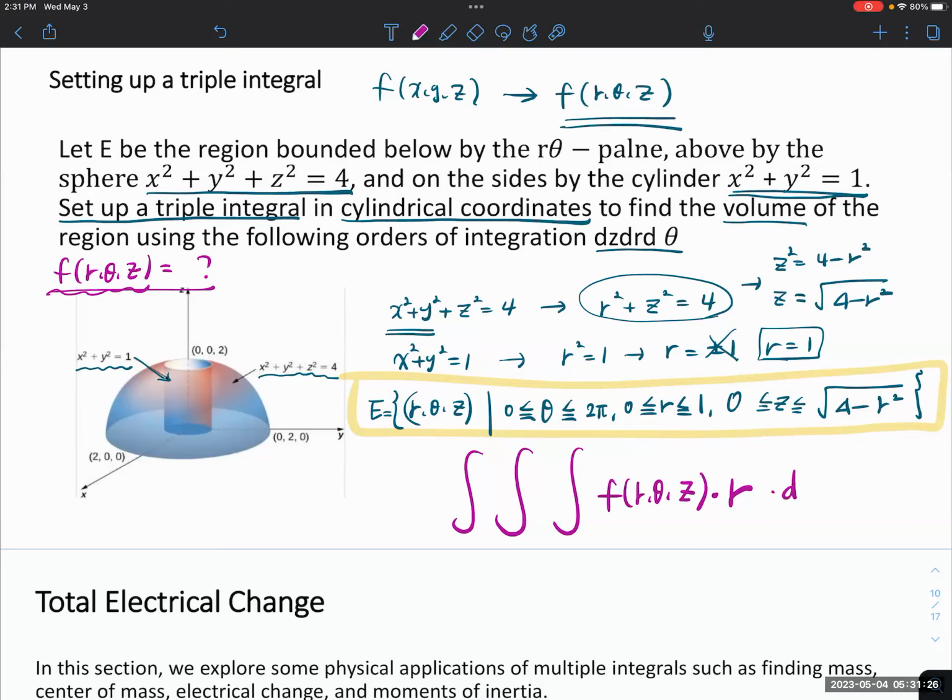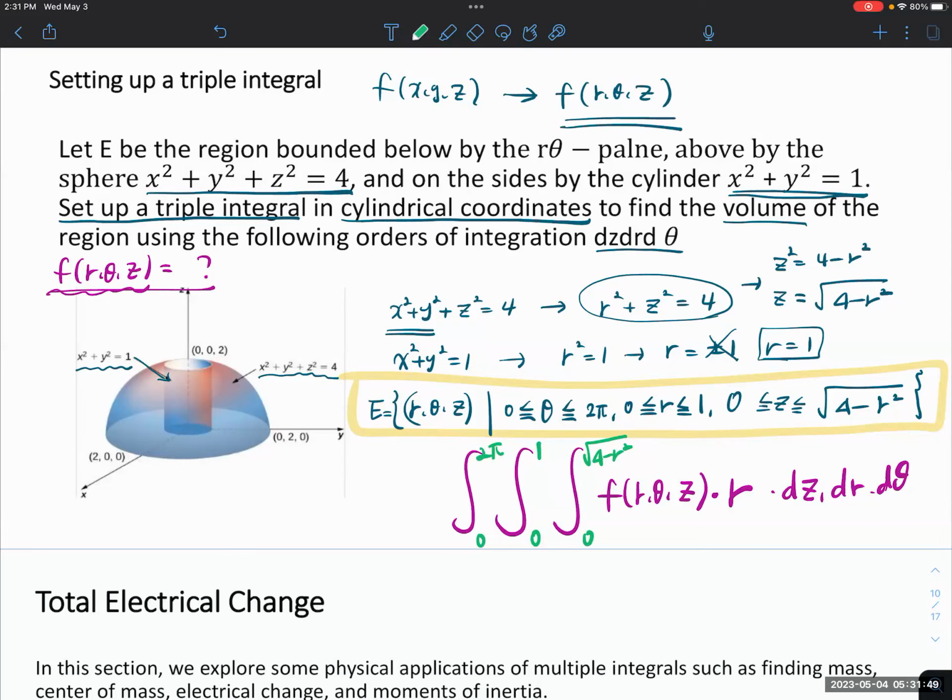So we are going to do dz, dr, d theta, and then plug in the interval. So z from 0 to radical 4 minus r squared, dr from 0 to 1, theta from 0 to 2 pi. So this is a triple integral.